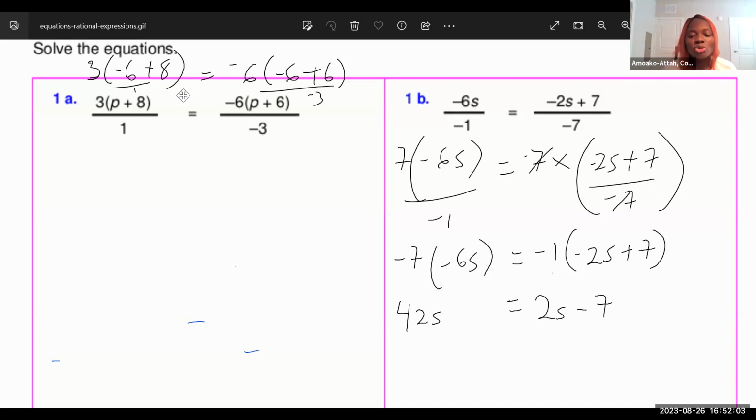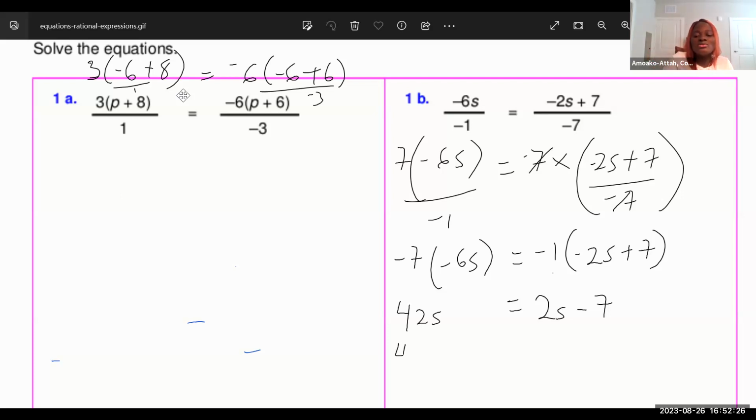At this stage, you now group your like terms. So we have to bring the 2s to the other side to join the 42s. How do we do it? We can do it by subtracting 2s from both sides of the equation.